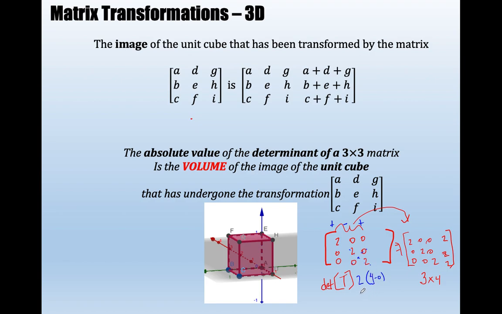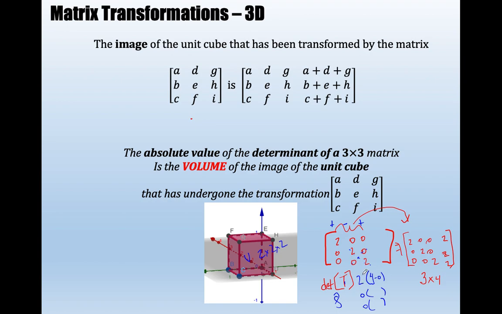And then I think you can see what happens with the rest. With 0 and 0 here, I'm going to get 0 times who cares and 0 times who cares. Add those all together, and sure enough, I get 8, which was the volume of the 2 by 2 by 2 cube that I got as a result of this transformation matrix.